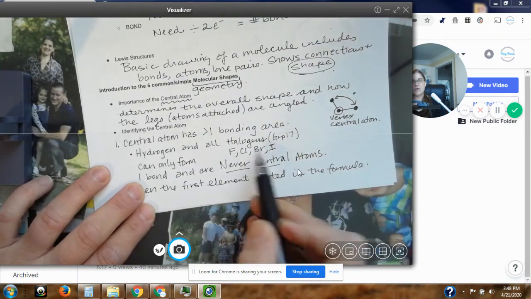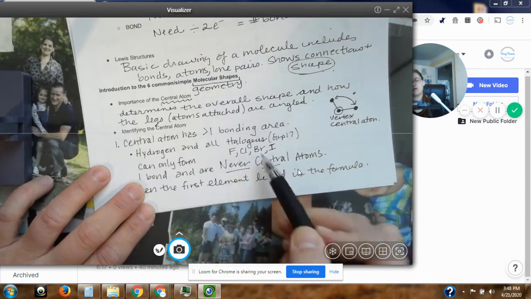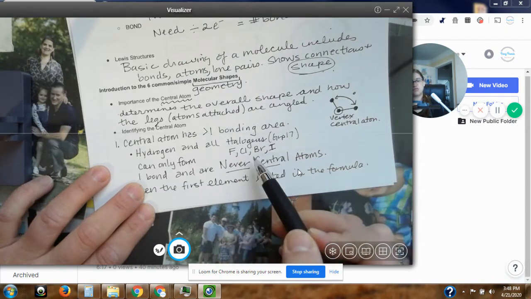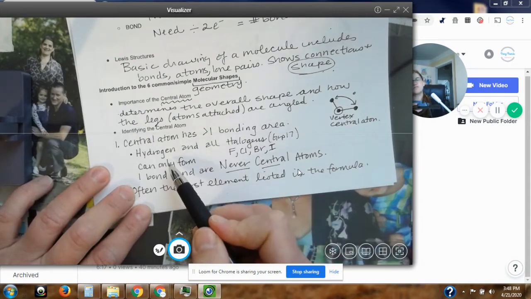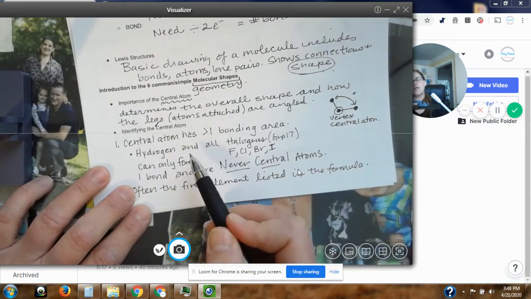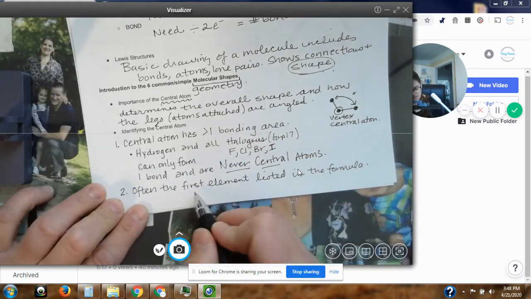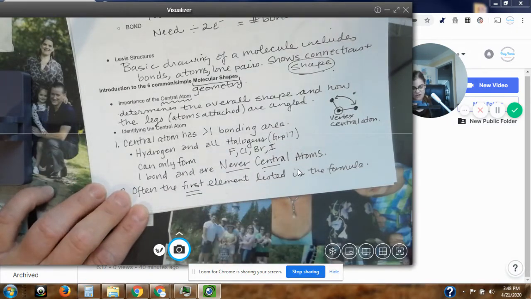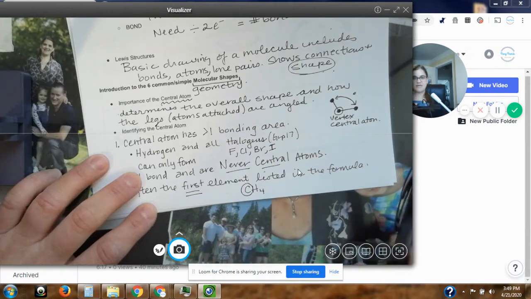I don't know if I can think of a single situation where I've ever seen those halogens listed first, but you will see hydrogen listed first, and you just skip over it. It is not going to be your central atom. So again, it's often the first element listed in a formula. So if I had CH4, the central atom would be carbon.